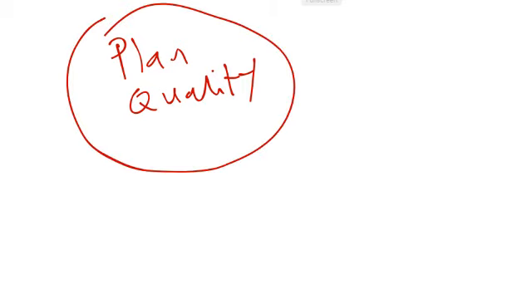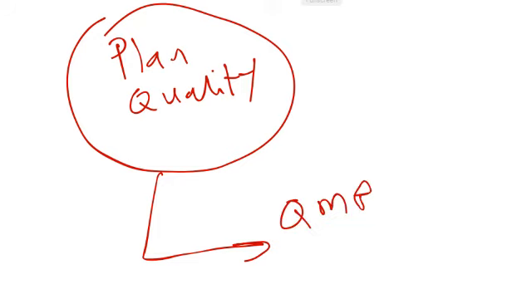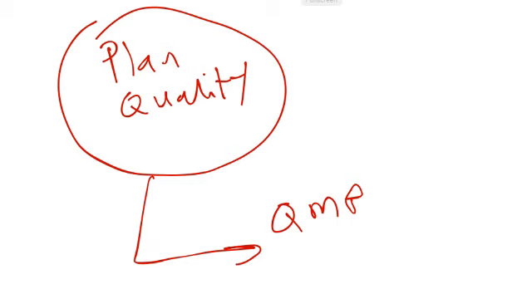So this is actually the logic, this is what they're trying to say, okay? From plan quality management, like I showed you in my previous session, you get the quality management plan, QMP, and quality metrics. I'll move this around in a bit so you can see it.